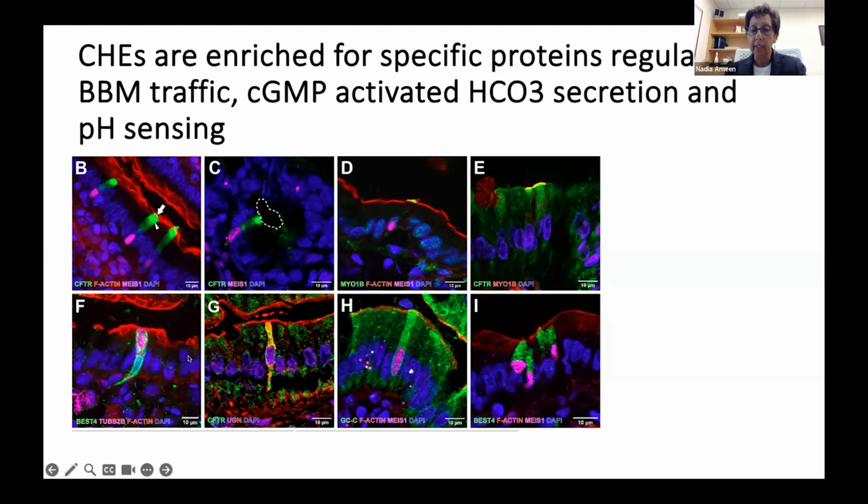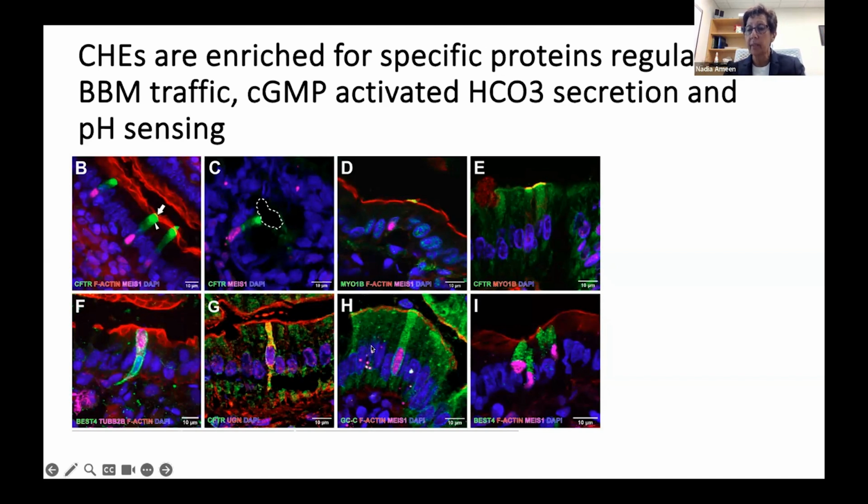We got antibodies from an investigator to uroguanylin, the protein encoded by GUCA2B, and you can see very high levels of uroguanylin exquisitely in the cheese cell. Interestingly, uroguanylin is also present in these basal processes.